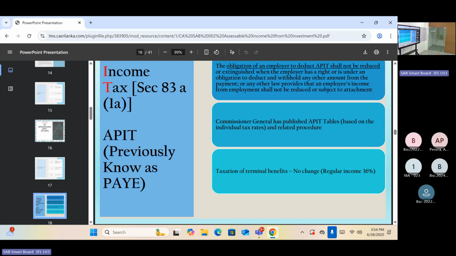So in the traveling context, for the traveling benefit, there are 2 ways. One is if the employer maintains proper records of what is the private usage and what is the official usage. If the employer is not maintaining records, there are 3 categories: vehicle, fuel, and driver.